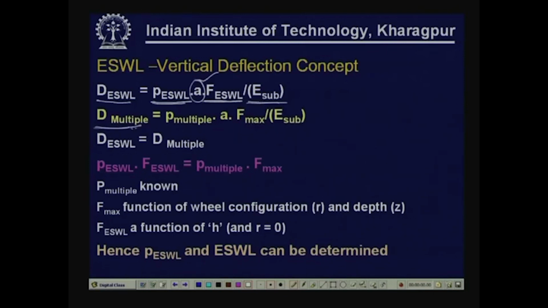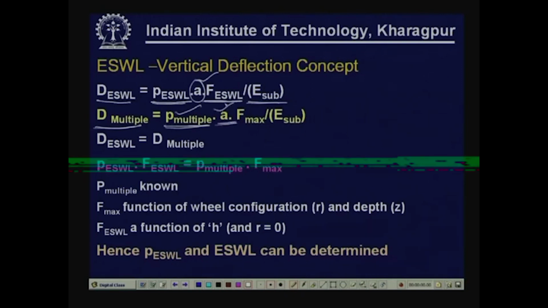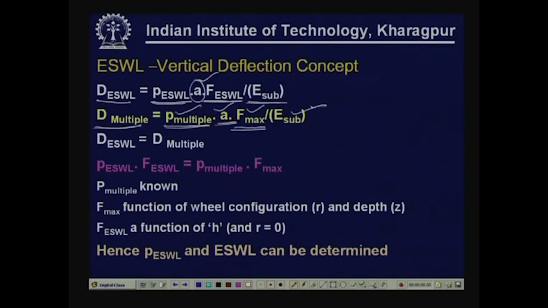For the multiple wheel system, we have to get the tire pressure corresponding to the multiple system. This is given, this is known to us, and we also know the radius of contact area. We have to obtain the maximum deflection factor for the number of loads that we have, and also where the maximum deflection is going to be. This we have to obtain. So for the equivalence concept, this has to be equal to this.